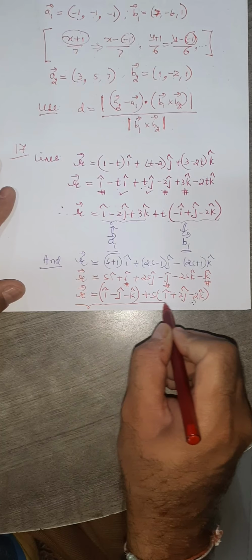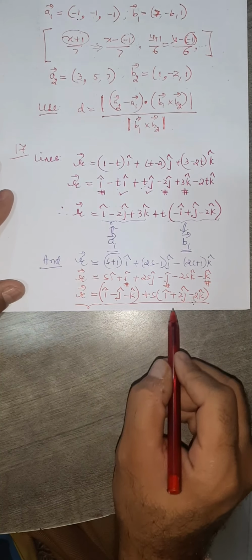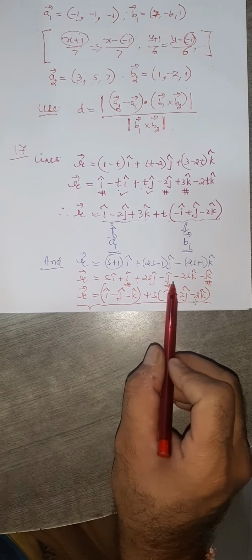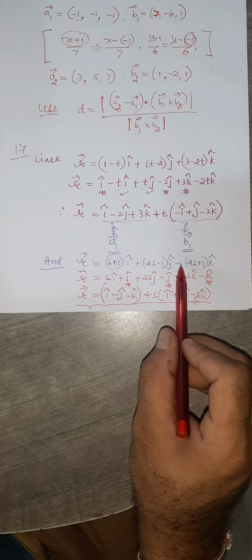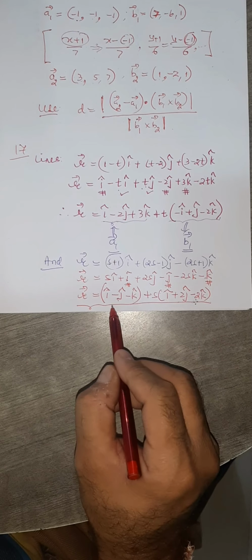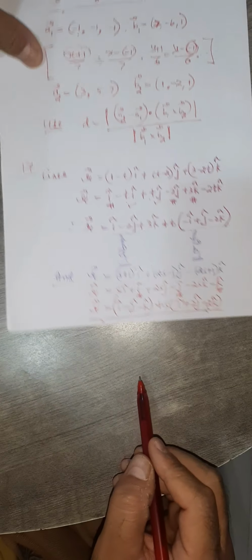Now you can see that it is in the standard form, vector plus scalar into this: i, plus 2j, and here minus 2k.